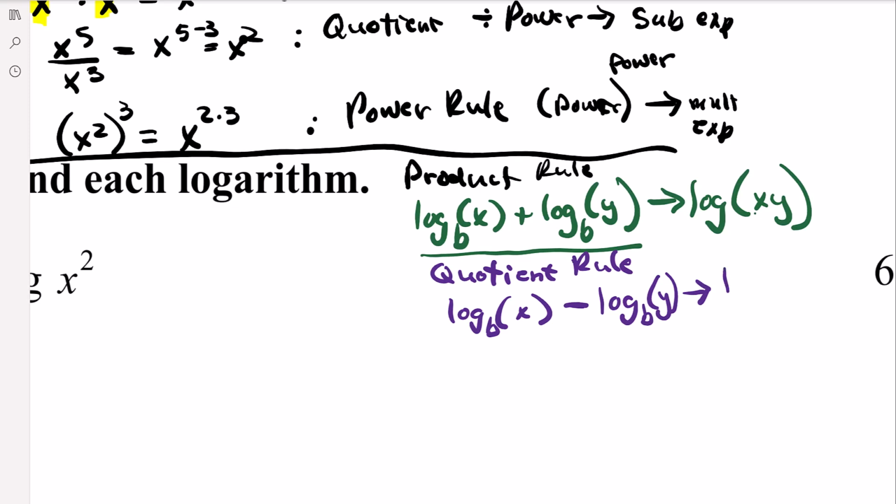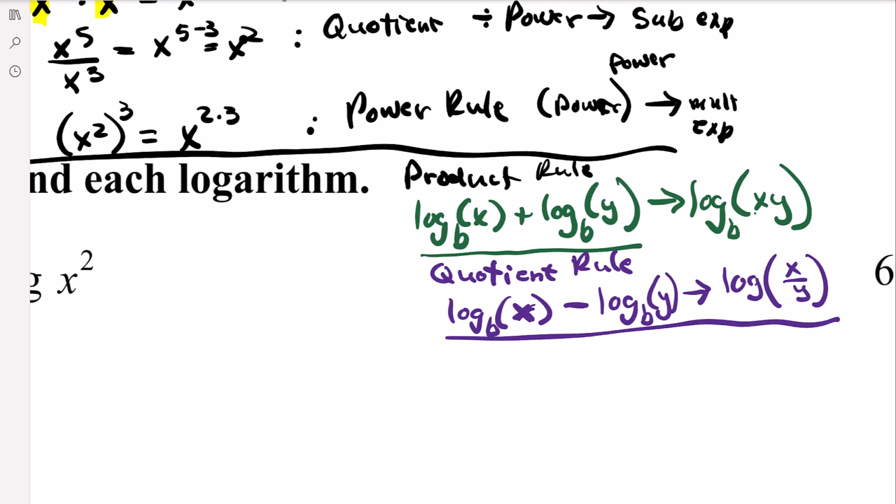So that's, oops, this was supposed to have a base b there, because the same base is the point. So whichever argument is first, that's what goes in the numerator.